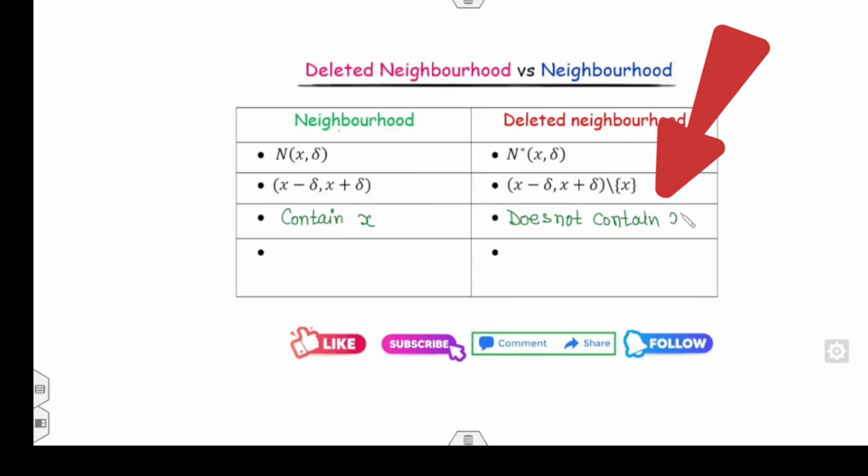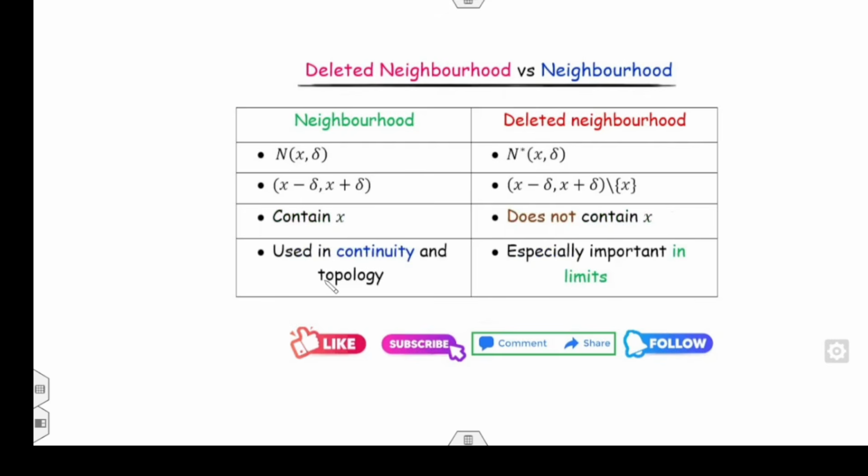Whenever we are talking about the deleted neighborhood, the concept is very useful in limit calculations. While in the neighborhood we also need the x value, so whenever we are talking about continuity, differentiability or topology, the concept of the neighborhood is very useful.